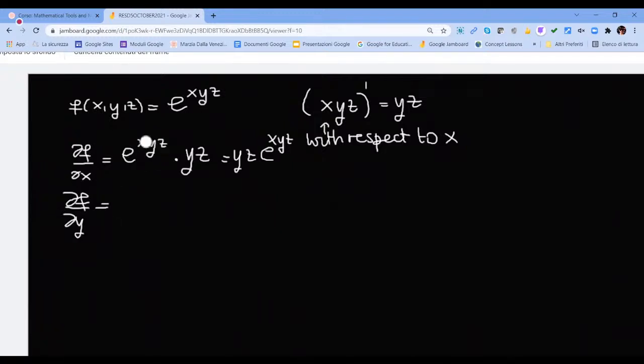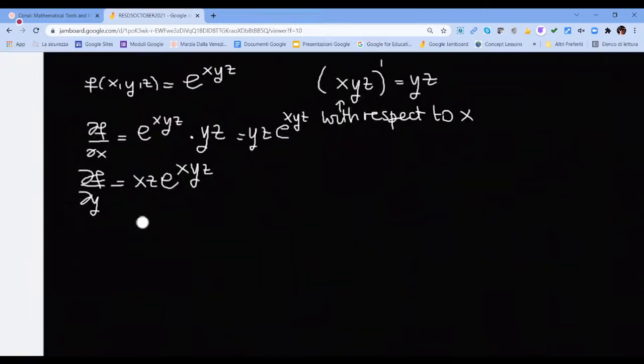So the derivative of y is 1, and then we are left with x and z. This is the same computation. Then we compute f with respect to z, and as you can imagine, it will be xy times e to the xyz.